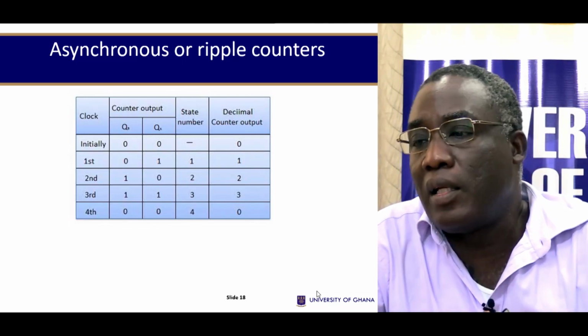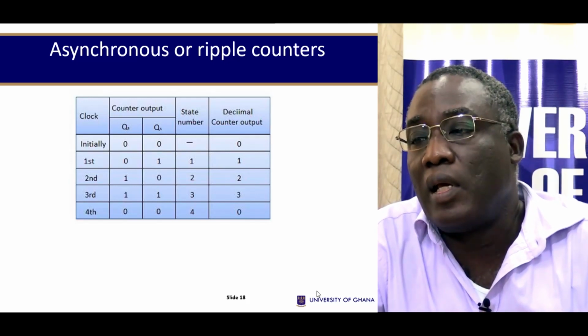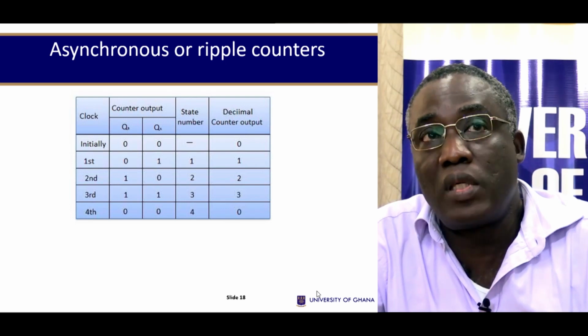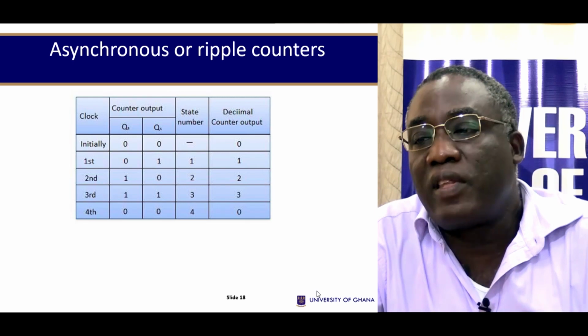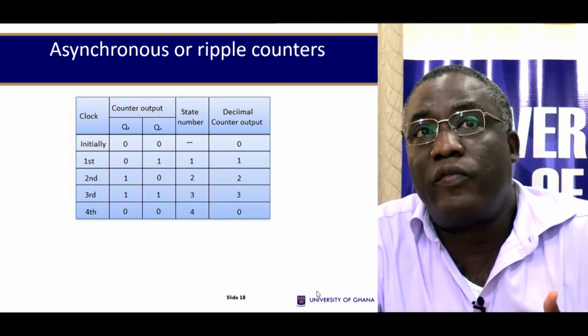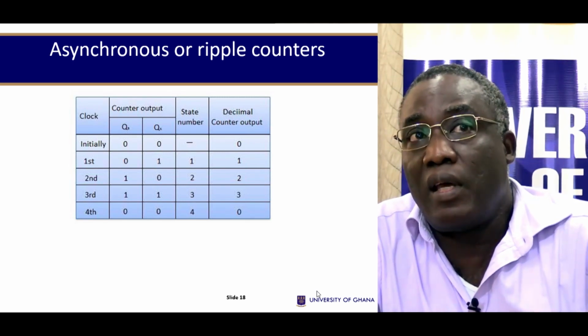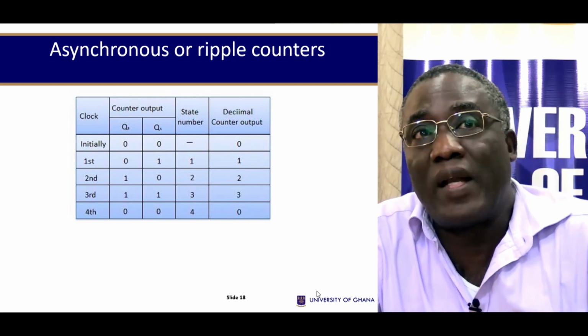So initially, let's say that both flip-flops are in the reset state. That is, QA and QB are all zeros. So as soon as the first negative clock edge is applied, the first flip-flop A will be toggled and QA will be equal to 1.